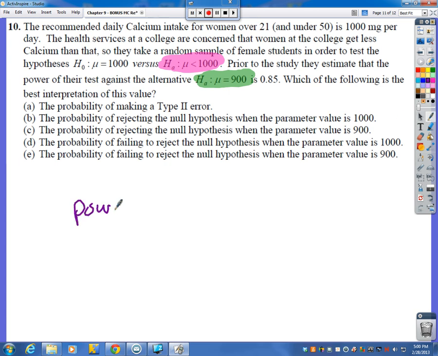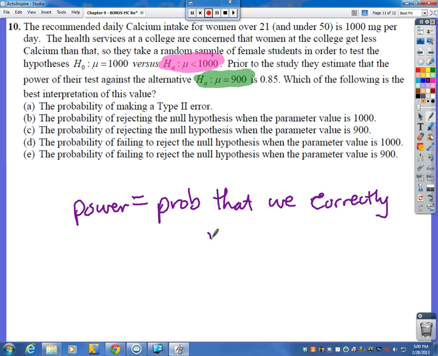And one thing to remember here is that the definition of power is that it is the probability that we correctly reject the null hypothesis. Okay, you pretty much need to know that definition because there will probably be some sort of question related to power on the test.